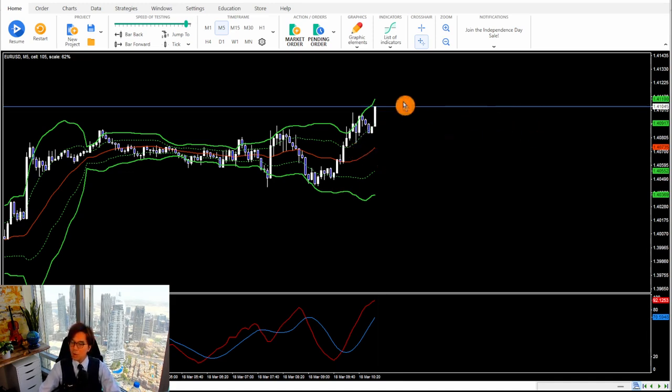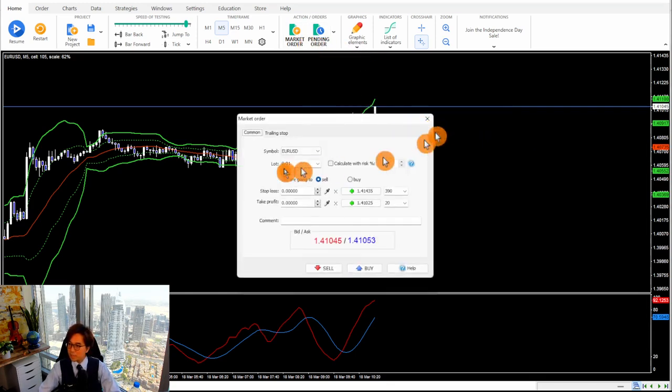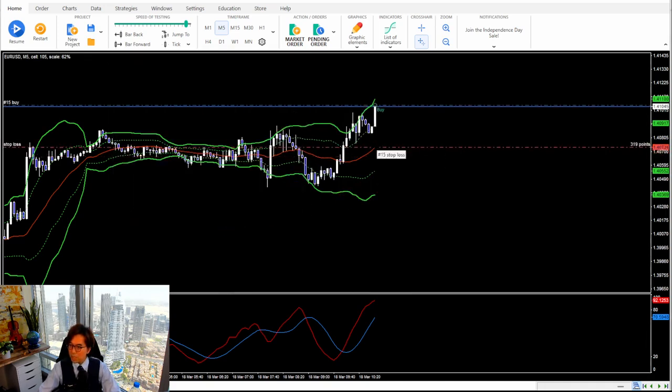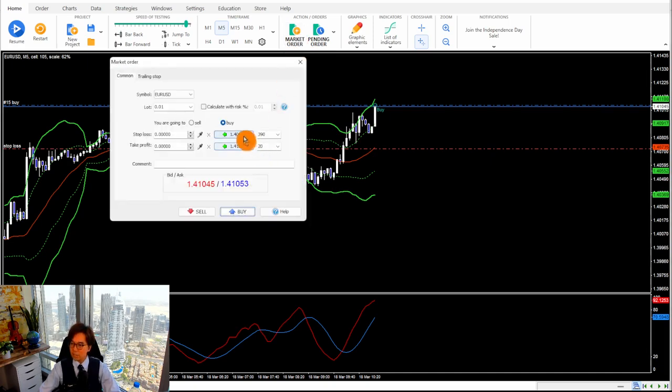So let me place the order now. This is actually a good thing about TradingView, that we can place orders. So the stop loss I will place here, 33 pips down, just to be safer. And I take 2 trades. Usually I take 2 trades.